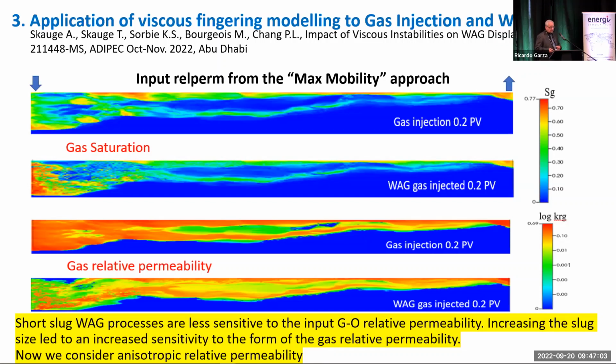And by that approach, I'm getting this kind of behavior. And this is a 500 meter from injector to producer, 50 meter thick cross section. And what we see here on top is the gas saturation after 0.2 pore volume.